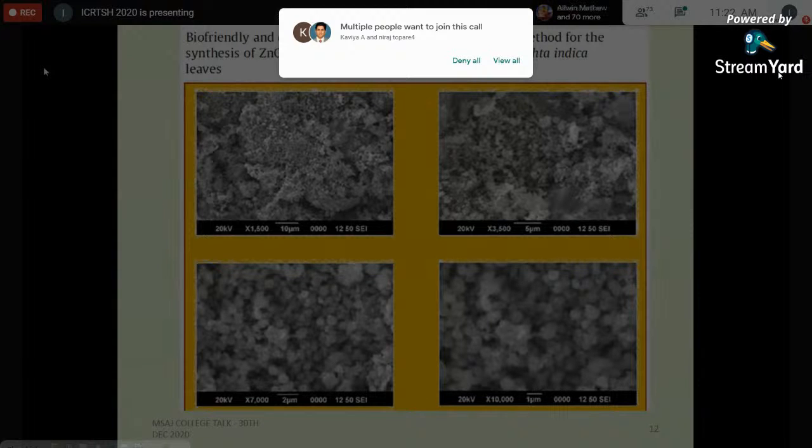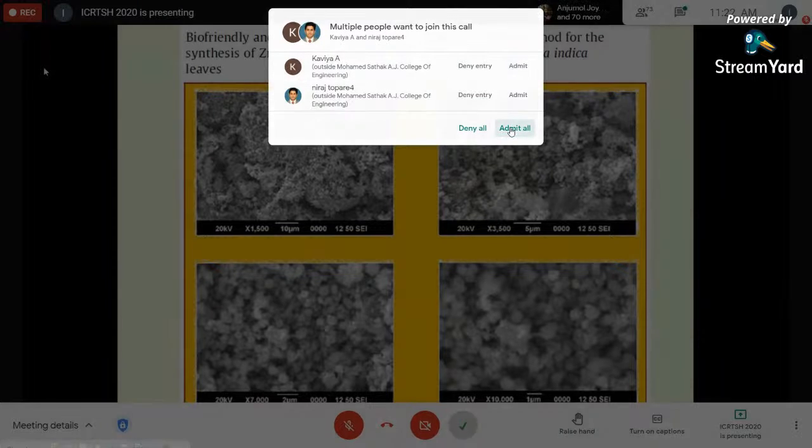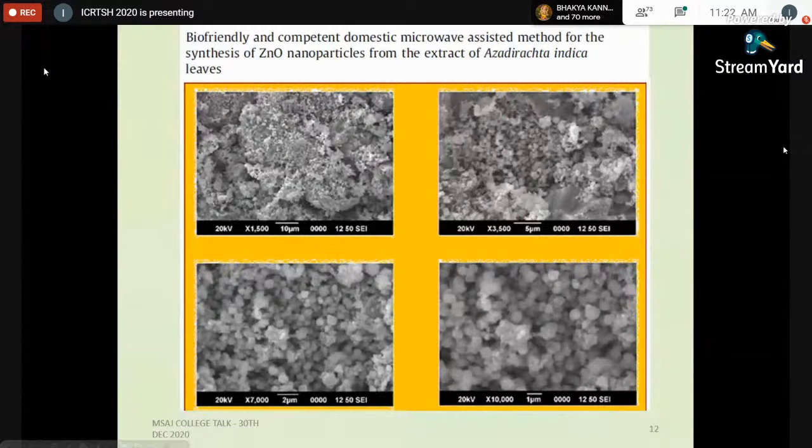Here we are using SEM as the analysis method. SEM, the scanning electron microscope, identifies the morphology of crystals and nanoparticles, that is, the surface morphology. When you have a bulk crystal, we cannot identify through the naked eye whether it has any flaw or damage on the outside.